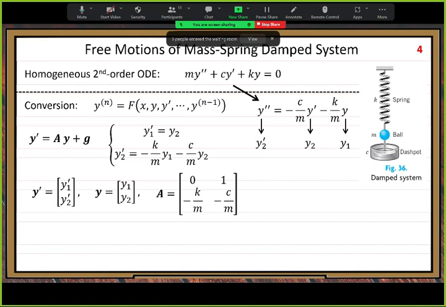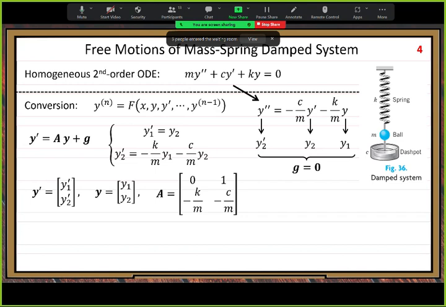The y1 coefficient is 0, the y2 coefficient is 1. The y1 coefficient is negative k over m, the y2 coefficient is negative c over m. So you write this 2 by 2 matrix A. But the G part equals 0, as you can see here.